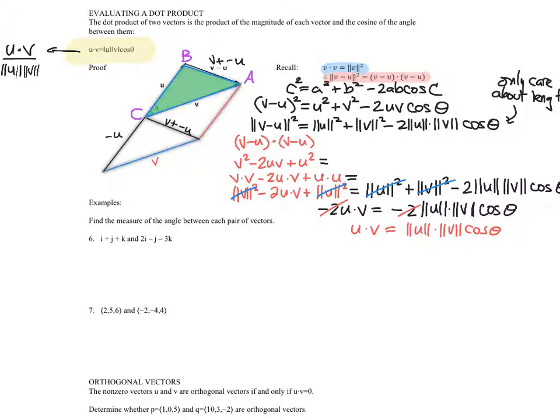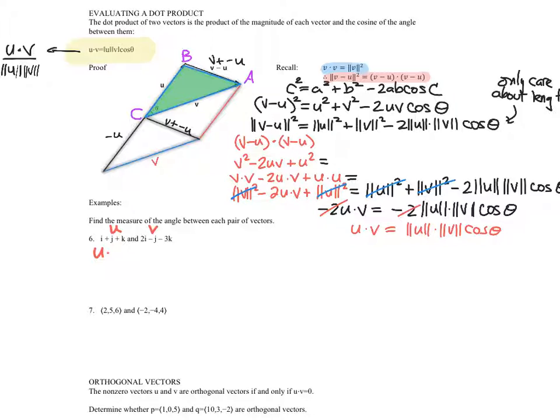So cosine theta is equal to the dot product divided by the magnitudes multiplied. All right. So finding the magnitudes is going to be the important piece here, because the dot product is not challenging. Because the formula has u's and v's, I'll call this part u and this part v.